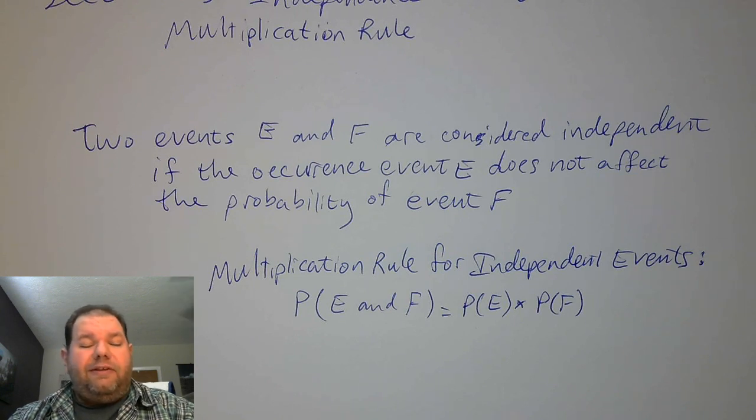That's not influenced by the first one. So each time we roll a die, it's considered an independent event because there's really no influence from one time to the next. If we flip a coin and it lands on heads 9 times in a row, that doesn't mean it's any more likely to land on heads the 10th time, as long as it's a fair coin, as we call it.